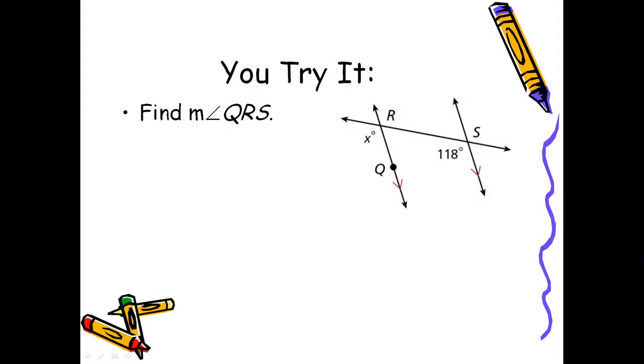Now you give it a try. Pause the recorder while you work this out. You are trying to find the measurement of angle QRS. Did you get 118 degrees for X?